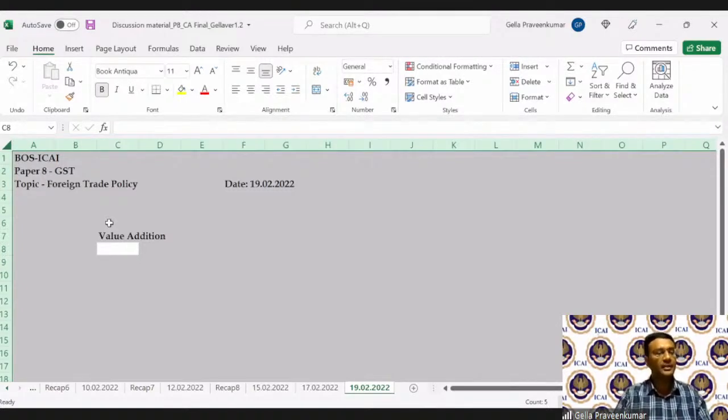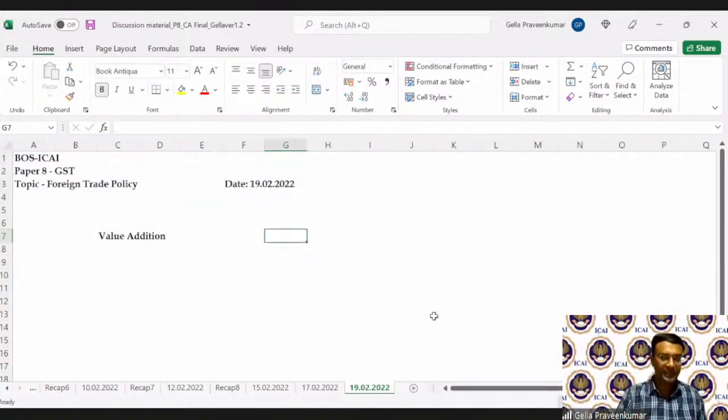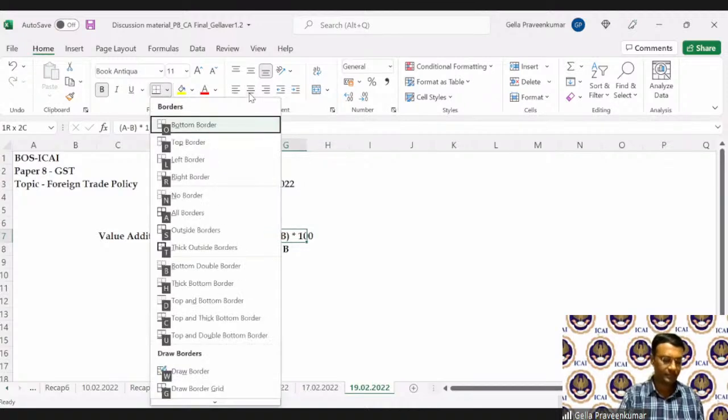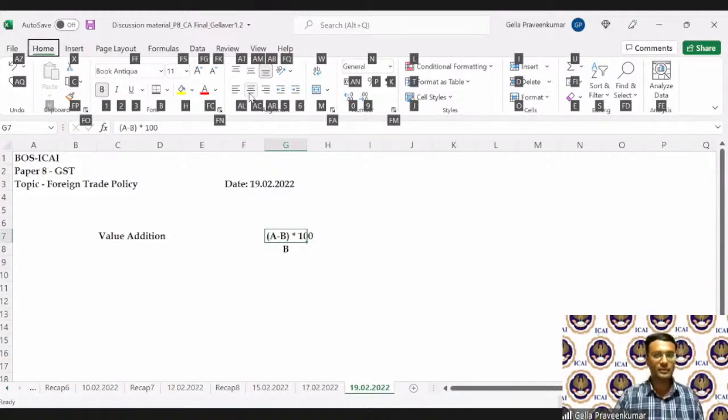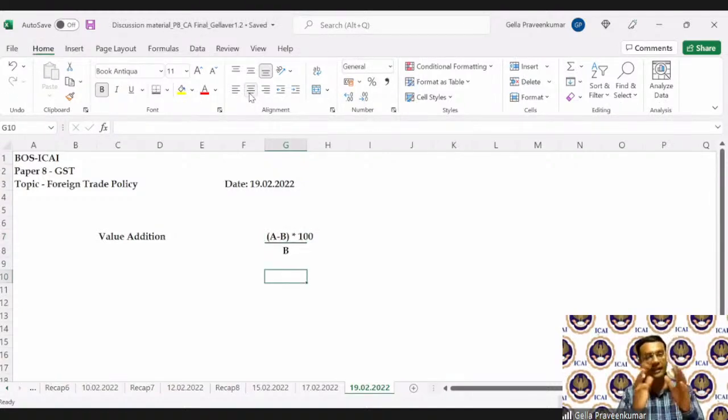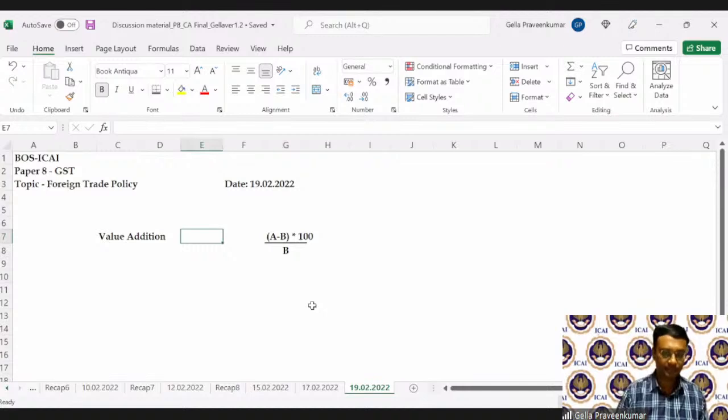Now, in the case of value addition, they say that my value addition is equal to (A minus B) into 100 divided by B. They have given a formula saying that your value addition should be minimum 15%.